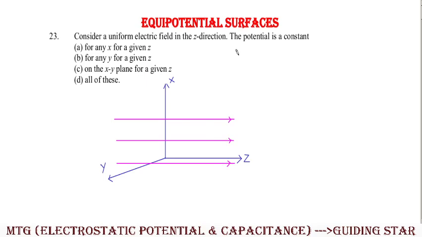Clear? So in that particular case, what it is saying, which of the following is true? So here we know that if field lines are along z direction, or if field lines are uniform or parallel to each other, then the equipotential surfaces will be plane surfaces. Clear?